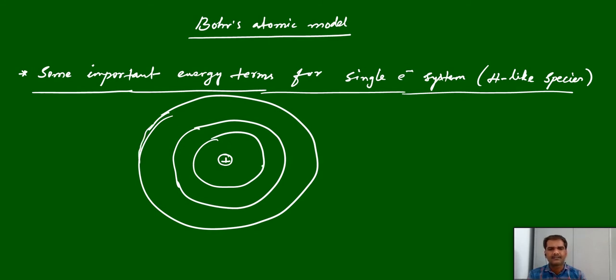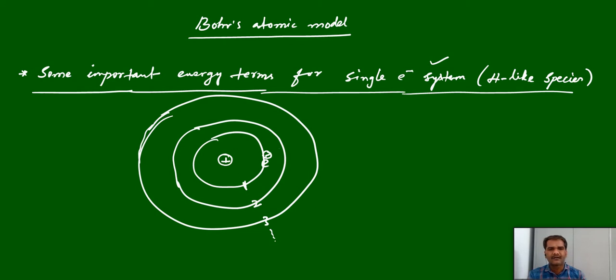This is the first shell immediately after the nucleus, then the second shell, the third shell, and so on. We are talking about a single electronic system, not a multi-electron one.